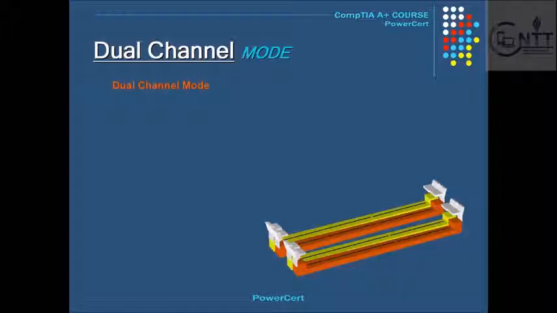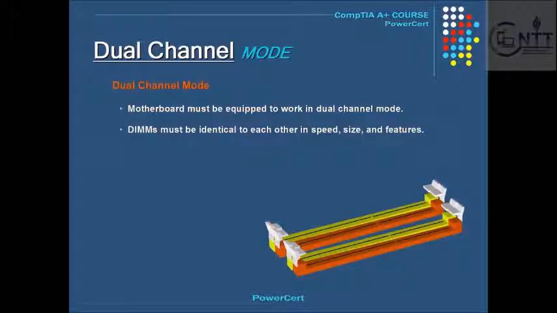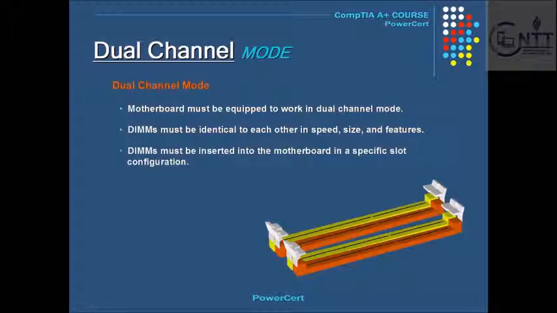In order for dual channel to work, the motherboard must be equipped to work in dual-channel mode, and the memory DIMMs must be identical to each other in speed, size, and features. Then the DIMMs must be inserted into the motherboard in a specific slot configuration in order to enable dual-channel mode.